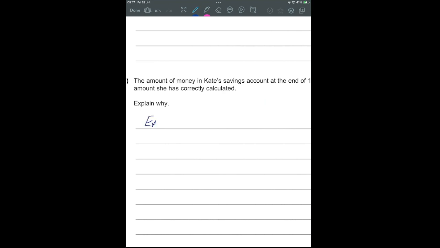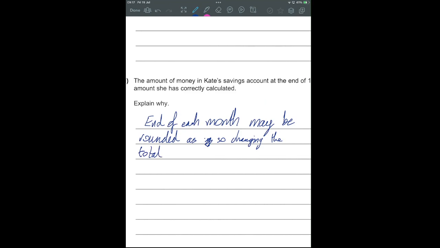So the end of each month may be rounded, and so changing the total subtly.